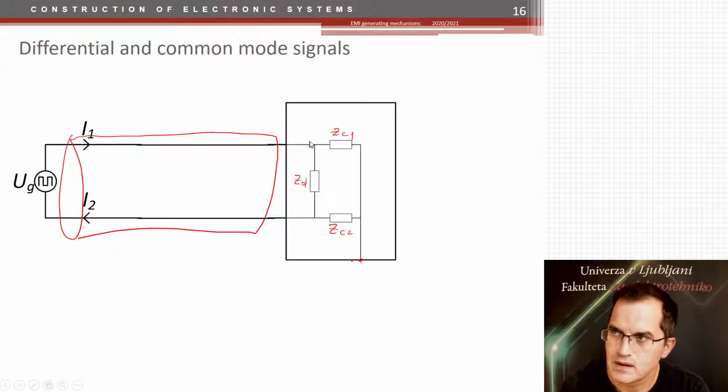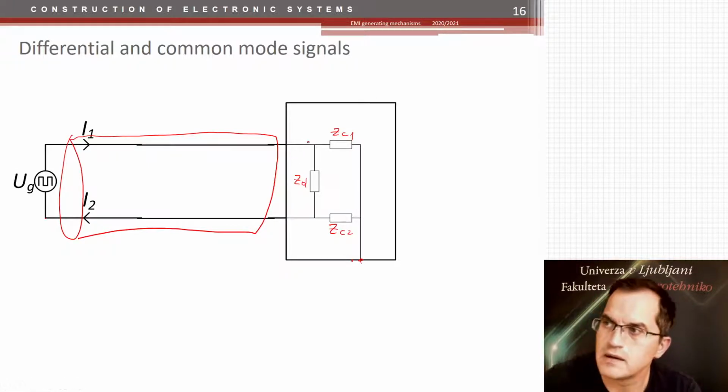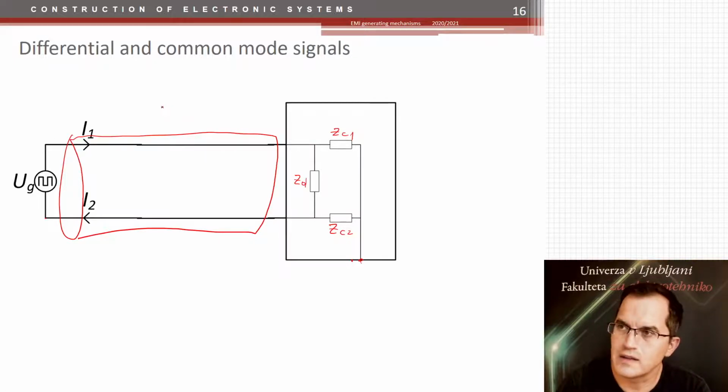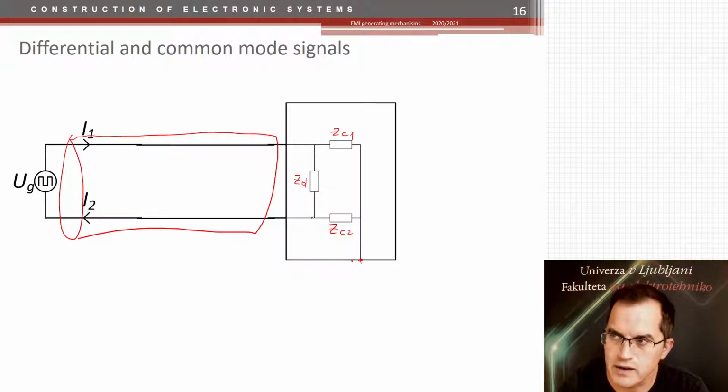Nevertheless, there is now an idea of a third path. The current in that cable, that one here and that one there, is in principle the same. If the current runs in that wire and returns back through here, that is called a differential current.